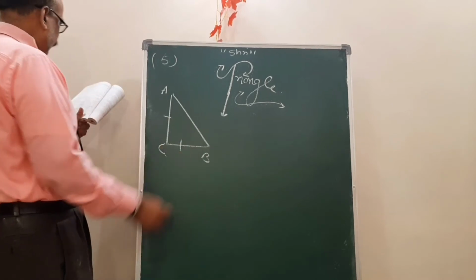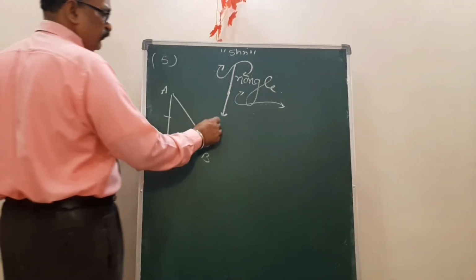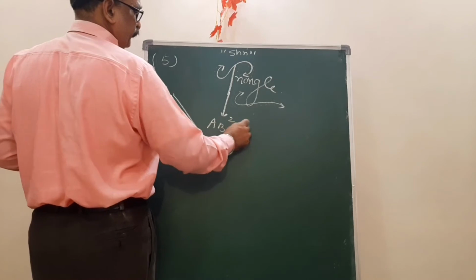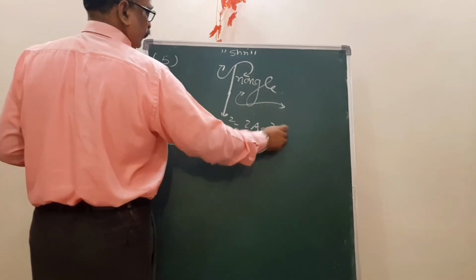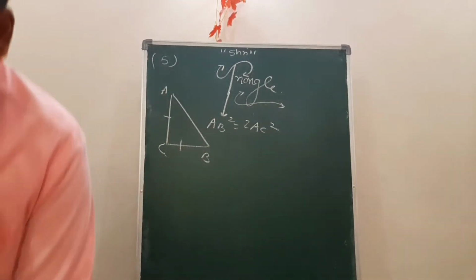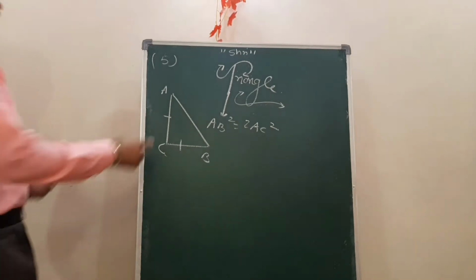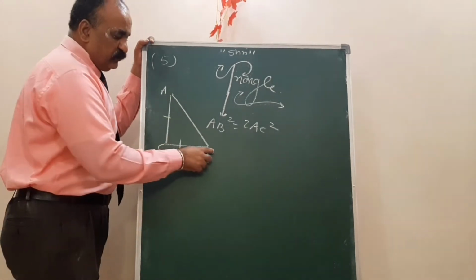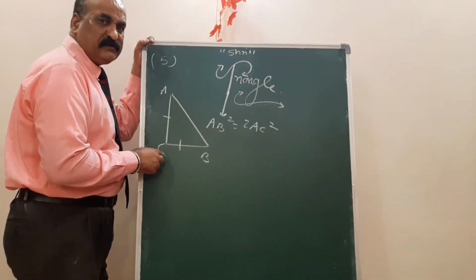AC is equal to BC, given to you, and AB square equal to 2AC square. See this question. In this triangle, AC is equal to BC given to you. This is an isosceles triangle.